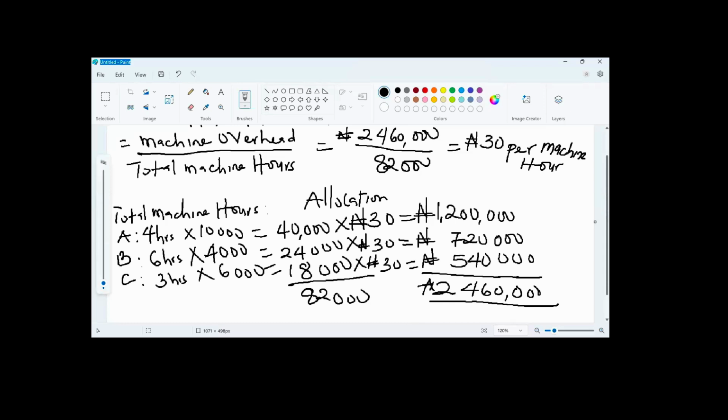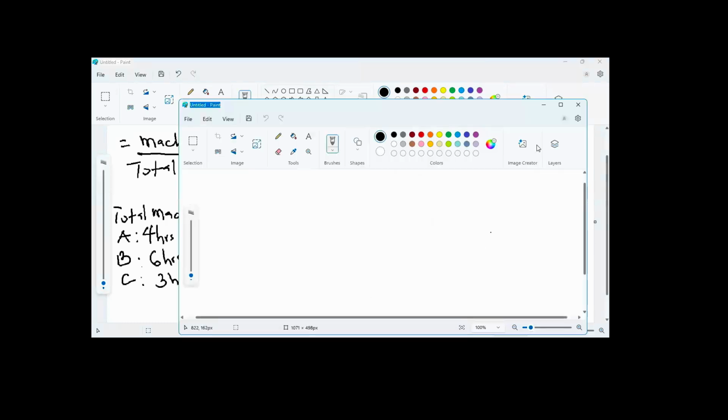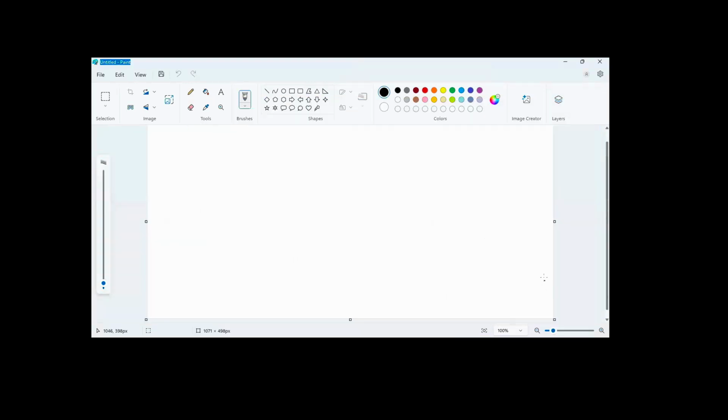We have finished machine. We move to the next overhead. The next activity is what? Setup cost. Setup overhead cost.